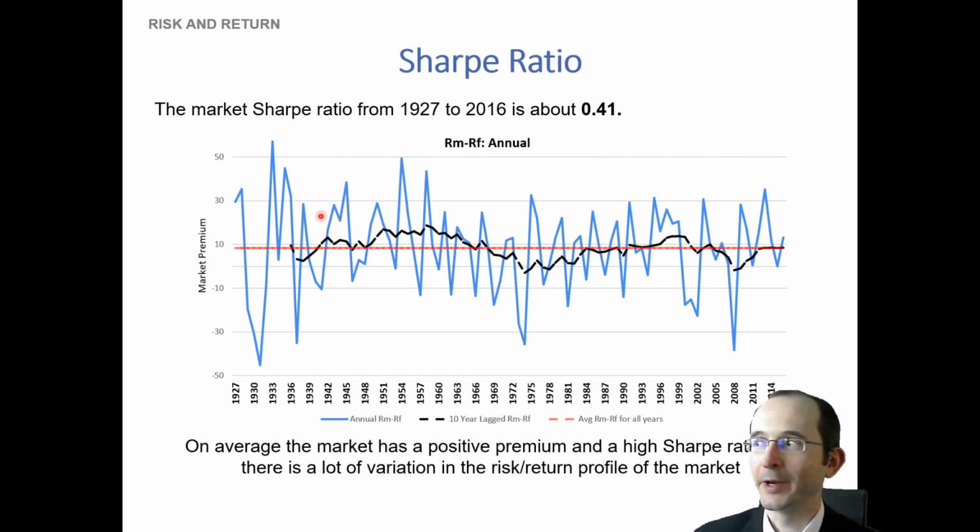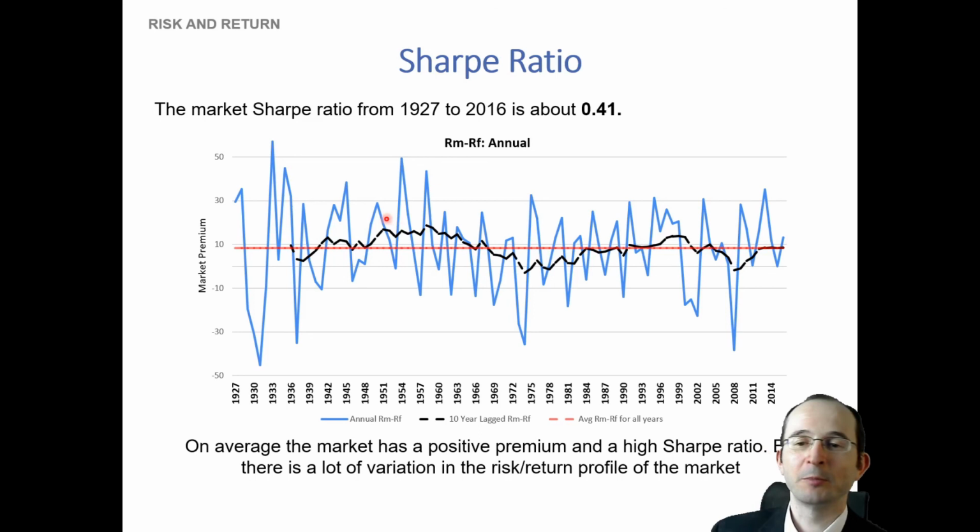If we smooth it out with a 10-year lag, it oscillates a bit less. And if we just take a unitary average, we get a little bit less than 10% of market risk premium. Remember, the number that we talked about in the historical record at the outset of this lecture was about 8.4% in risk premium.